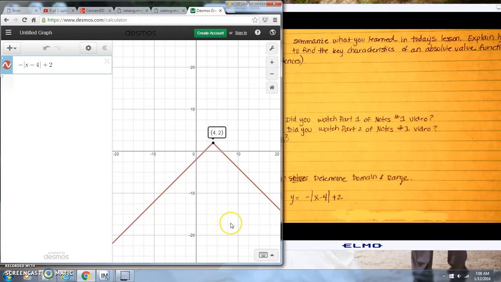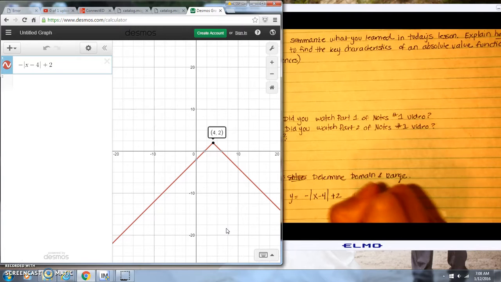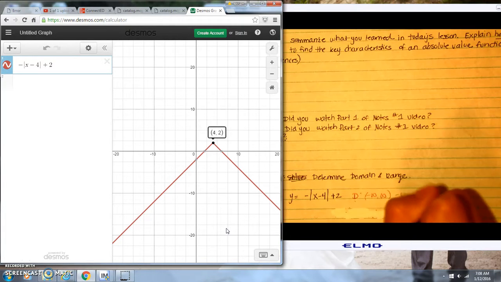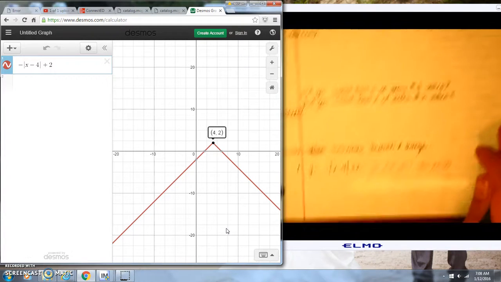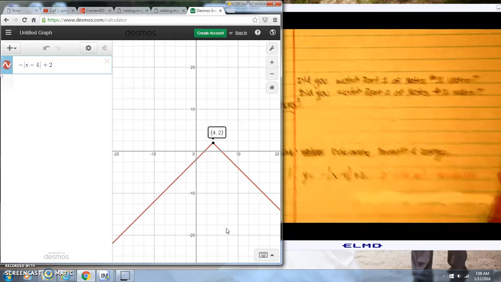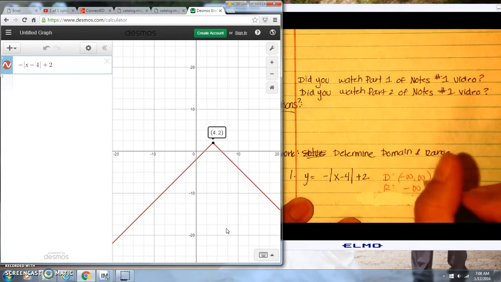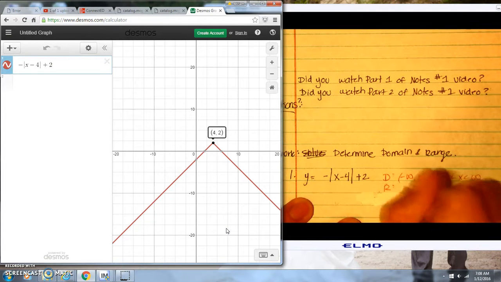So it's from 2 to negative infinity. We don't write it like that. We write the smaller number first. So your final answer is going to be domain is negative infinity to positive infinity, or all x values between negative infinity and positive infinity. And then your range is going to be from negative infinity to 2.